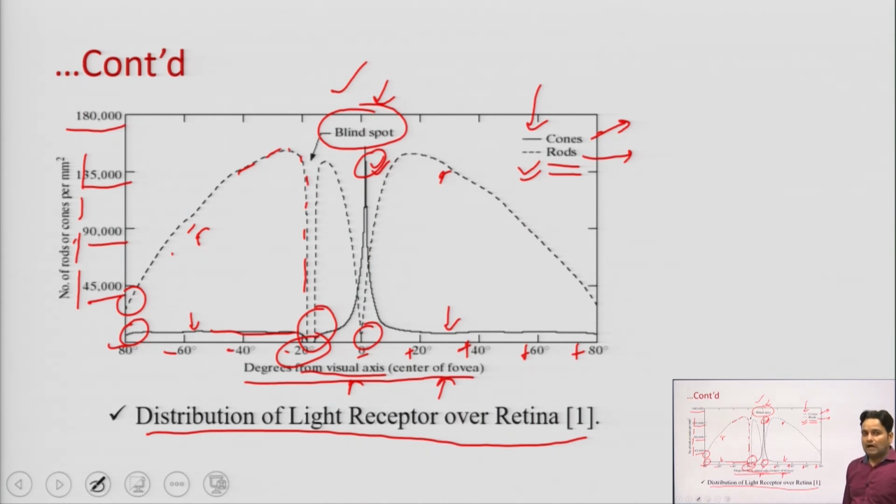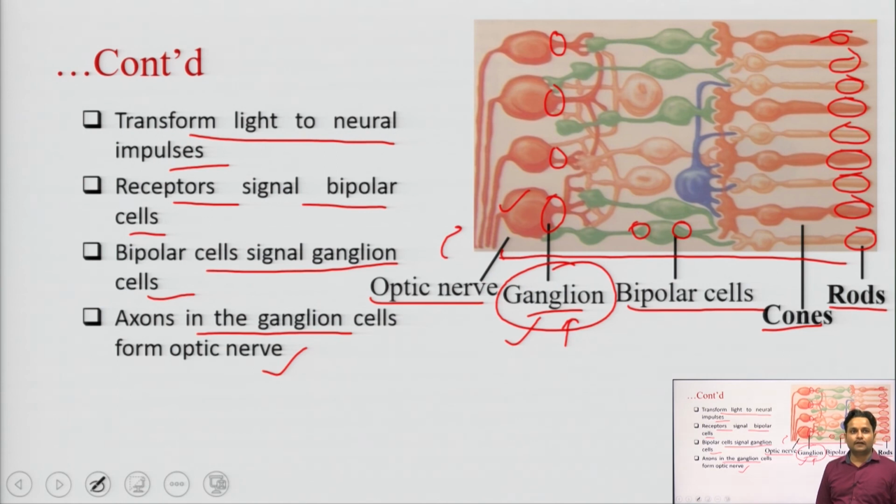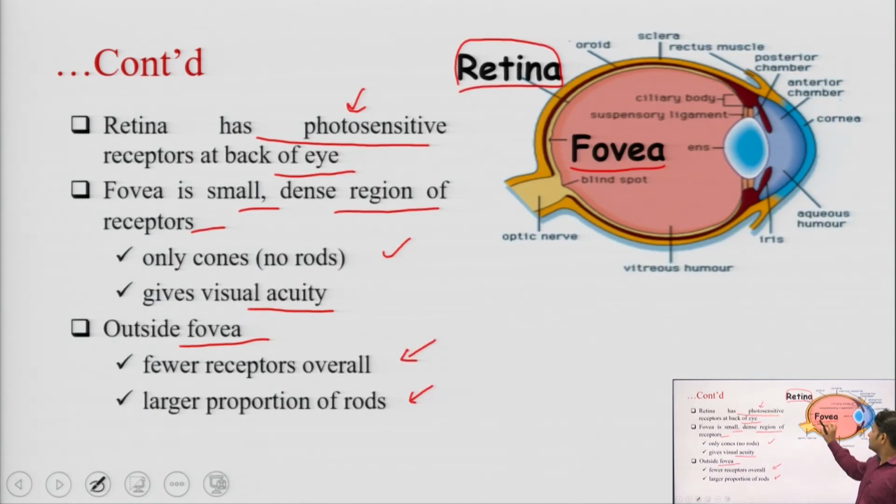After that, you can identify the blind spot using this diagram. On the x axis, degrees from the visual axis are measured from the center of the fovea. So, this portion is the center of the fovea, and your blind spot is present in this direction.